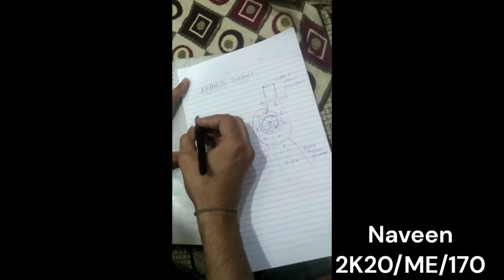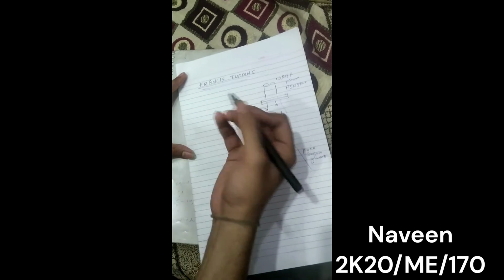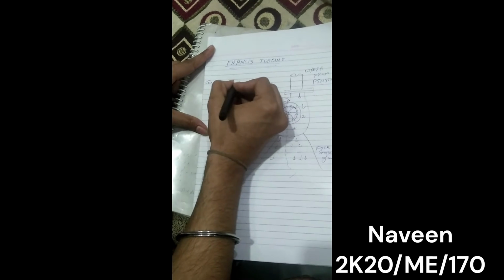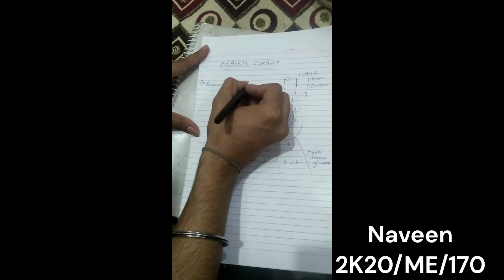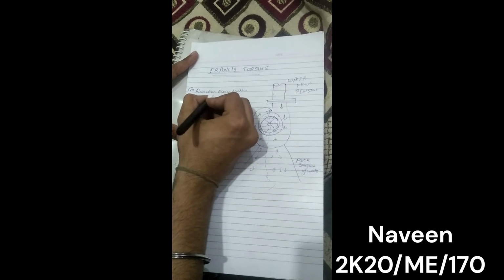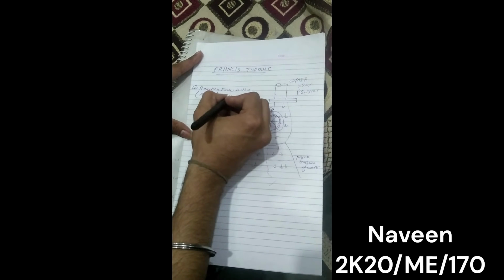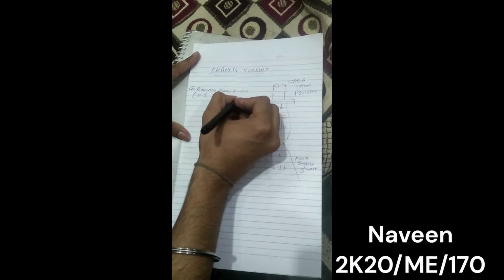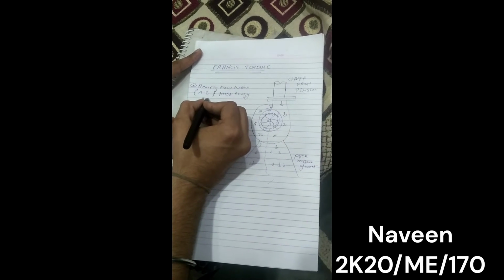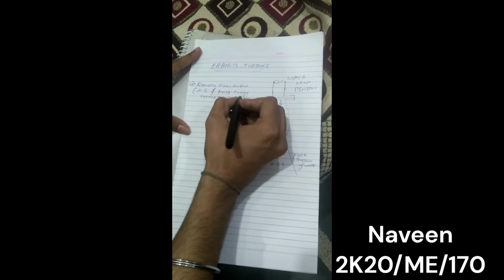So firstly, the Francis turbine is a reaction flow turbine, in which kinetic energy and pressure energy enter the turbine. This is the first point.